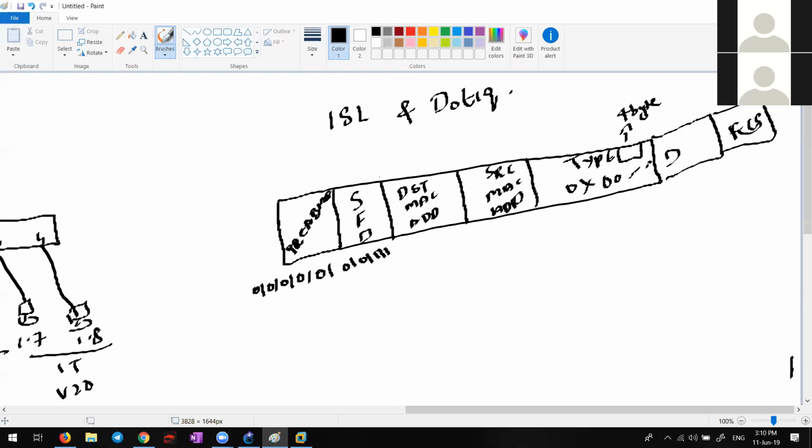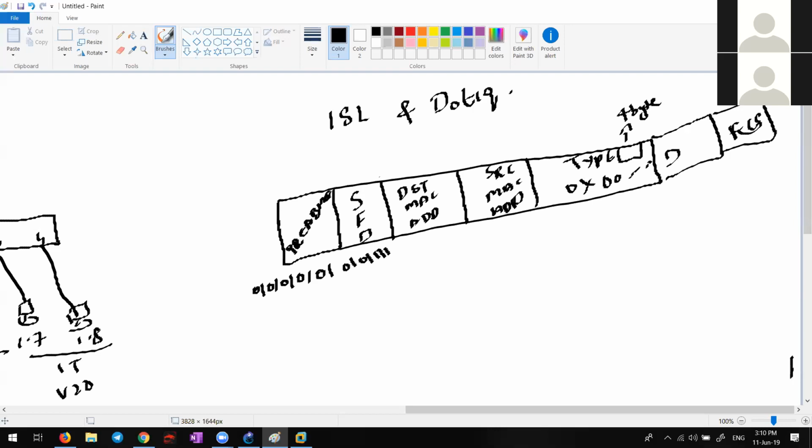Ethernet type 2 frame is there. Ethernet type 1 frame is there. Again, the structure of the frame will differ depending on frame to frame. But this is like a popular frame. At least you should know this much when somebody asks you in an interview or something.